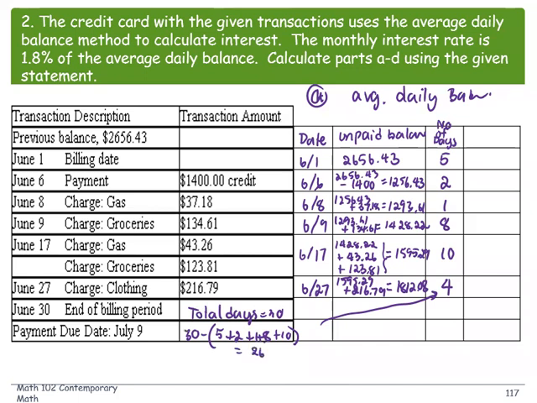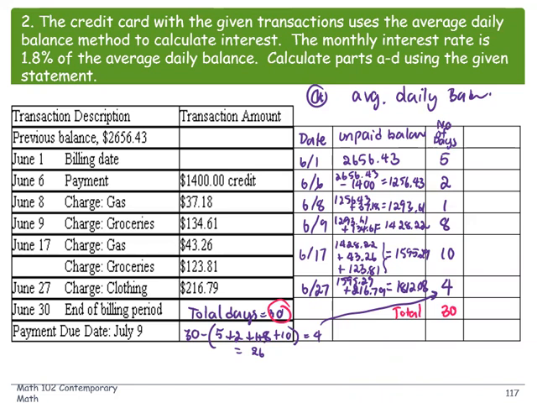So 30 minus 26 gives 4 days left before the end of the month. To check, you can add them up, and the number should come to 30 days in total, the number of days in the month of June.